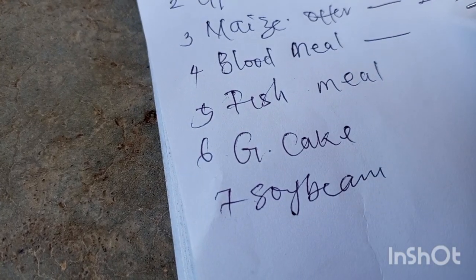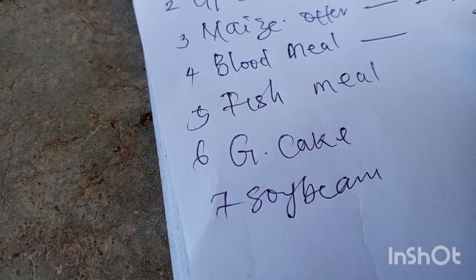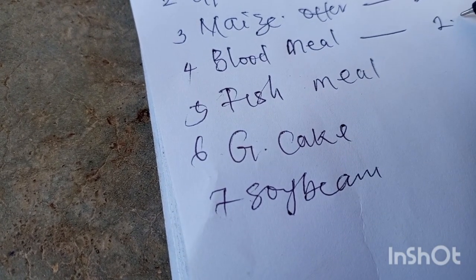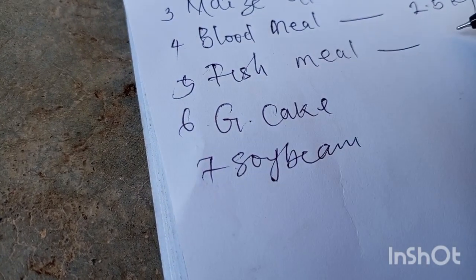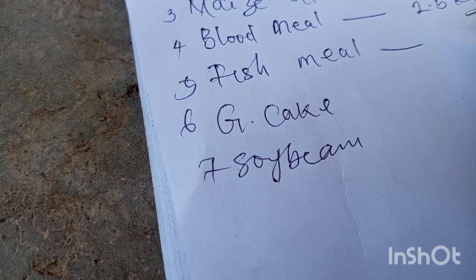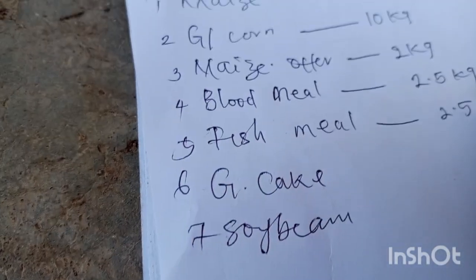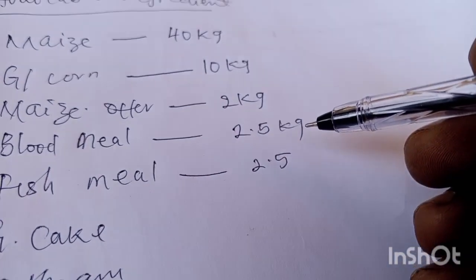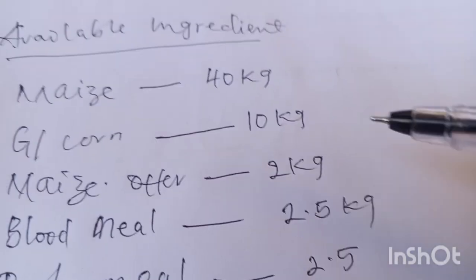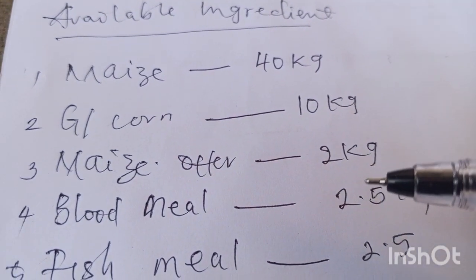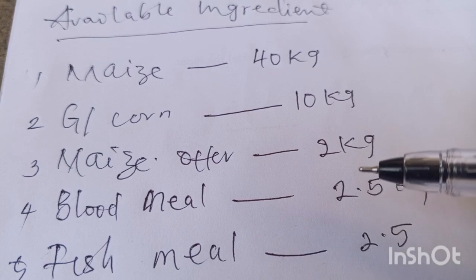On the blood meal, this is protein, so we are going to be giving 2.5 kg. On the fish meal, we are going to be giving 2.5. Now, so this we give 40 kg. This we give 10 kg. On this we give 2 kg.